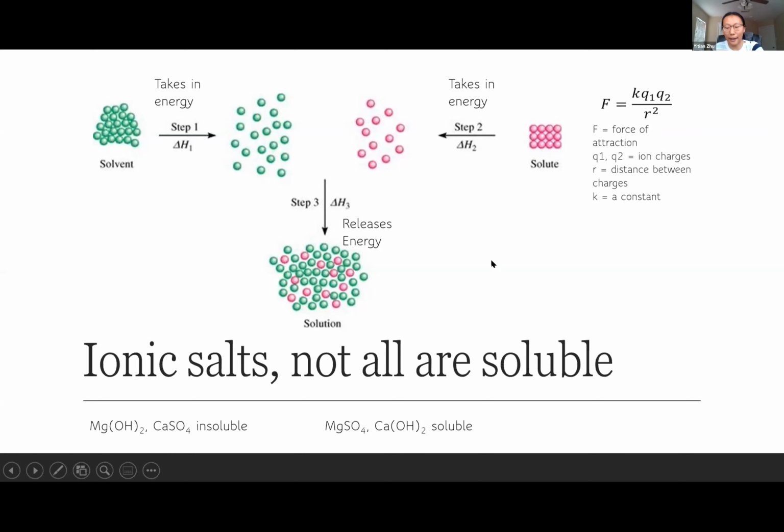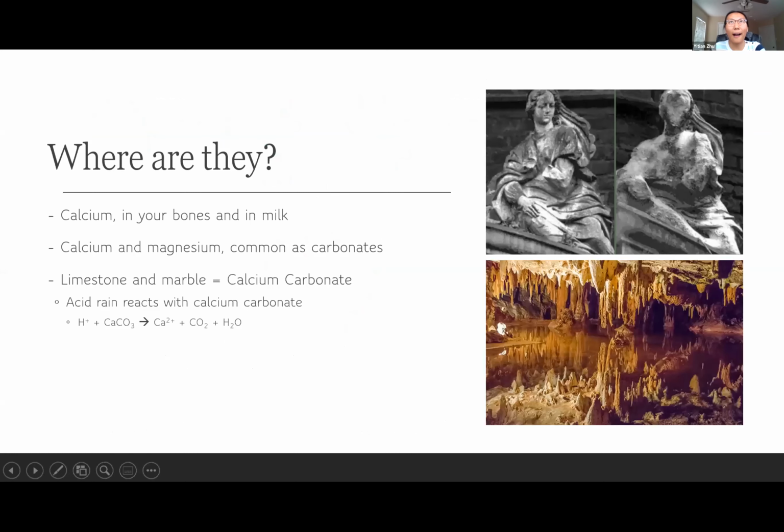Next slide, okay. So I asked you earlier, where can they be found? And you guys gave some really good answers. So calcium is really, really common throughout the earth. It's common as limestone and marble.